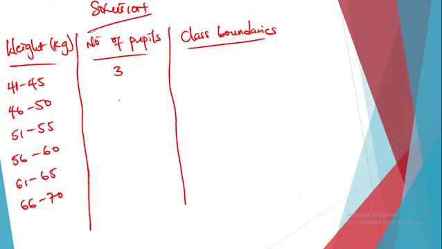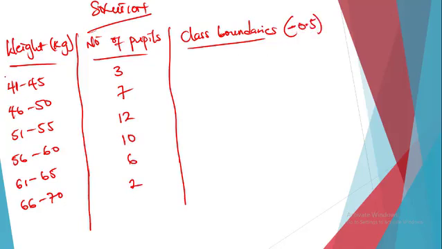For their numbers we have 3, 7, 12, 10, 6, and 2. Then the next thing is to find the class boundary. I told you that what to do to the class boundaries is to add and subtract 0.5 from each one of them.